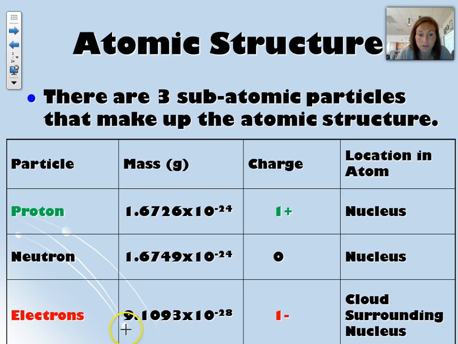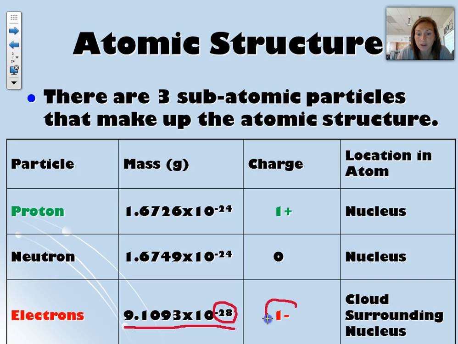The electrons, notice, are 9.1093 times 10 to the negative 28th. Even though this 9 makes it seem like the electrons might be bigger than the protons and neutrons, you have to take into account how many placeholders back you go. Electrons are much smaller than a proton and a neutron. Either way, they're all very tiny.